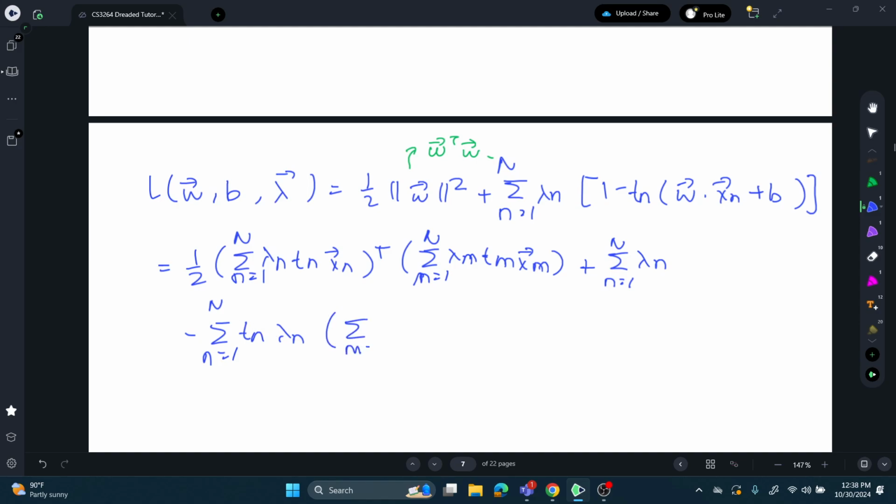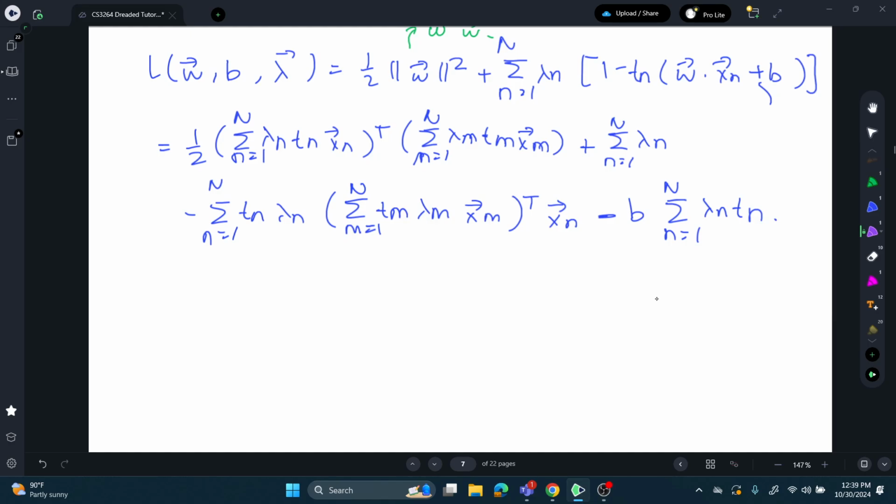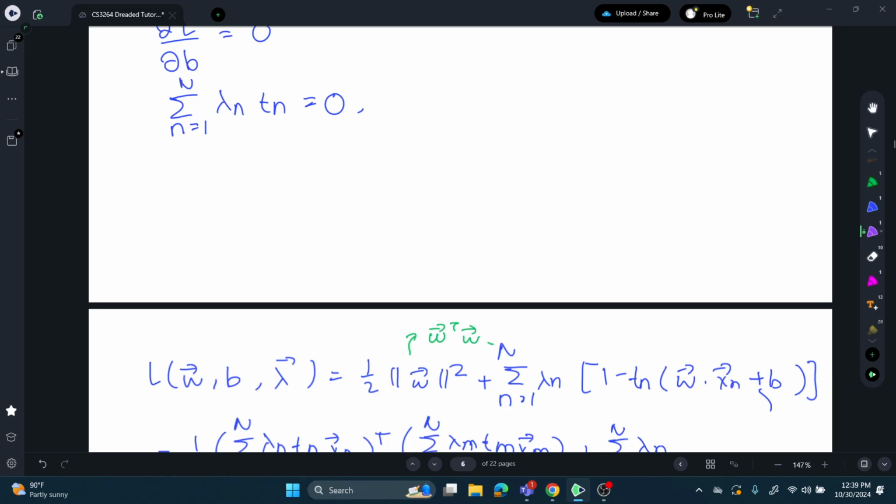Then I'll multiply this again by whatever value of w. This is quite tedious. Then multiply by xn, by this one. Then finally there's a minus b times the sum from n equals 1 up to capital N of lambda n tn. You will notice that when this is at its optimum value, this part will actually be 0, because of the constraint that we have set.